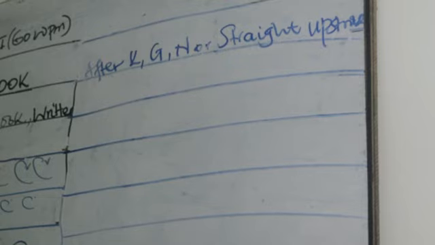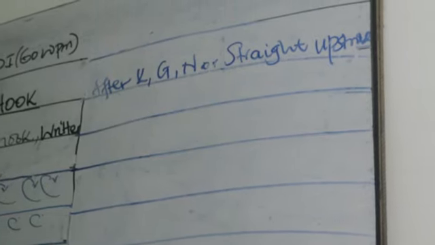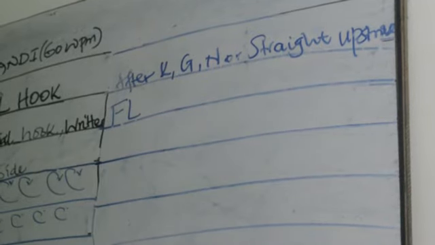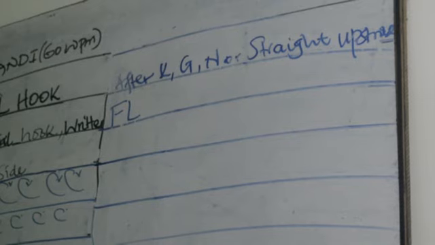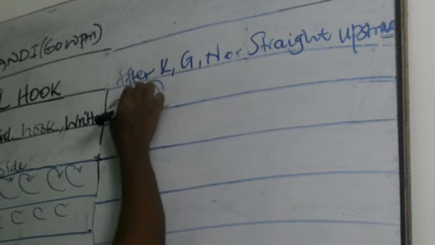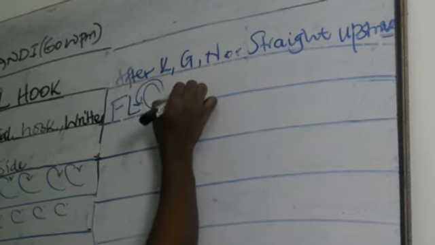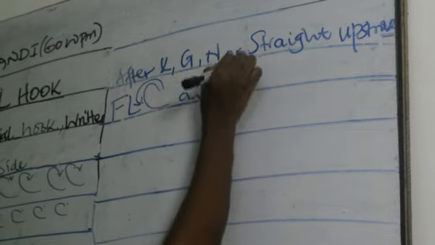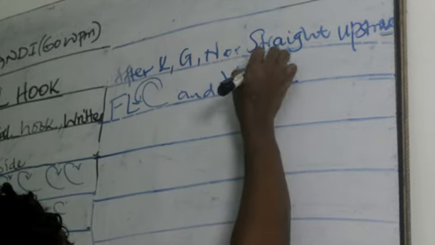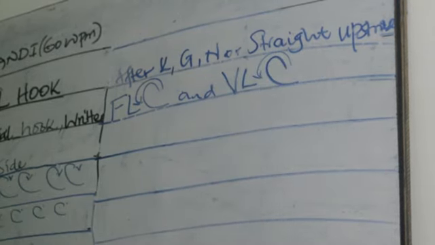The stalk of F hooked for L is the reverse. Stalk of F hooked for L, we have seen, is drilled like this in the normal direction. And the stalk of V hooked for L is like this in the normal direction. That is how we drill them.